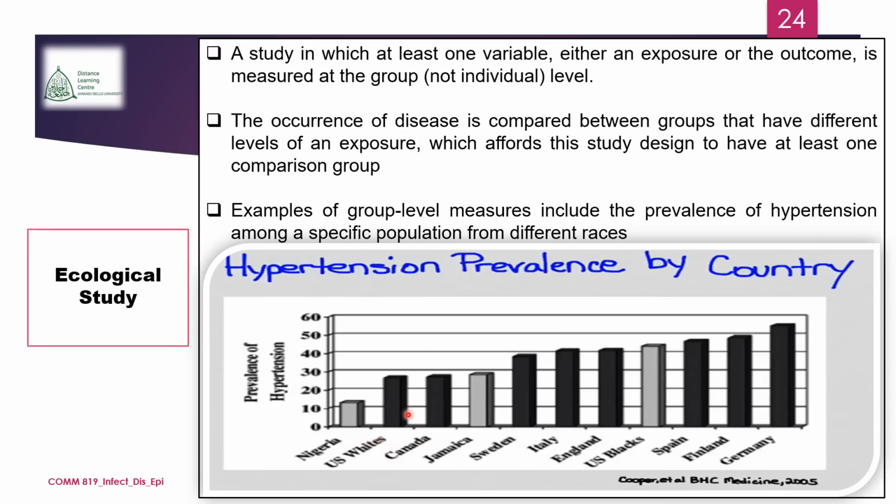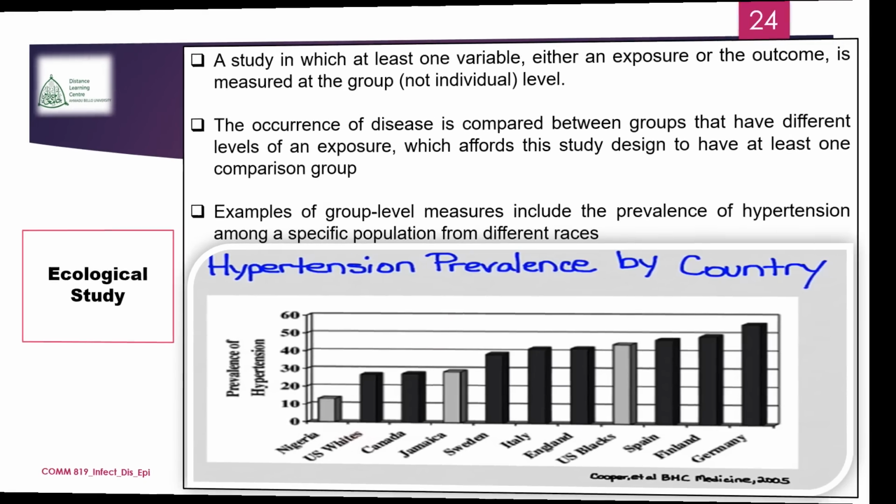Based on this, they rejected the hypothesis that genetics has to do with hypertension prevalence. So this is a kind of ecological study comparing different countries based on a certain risk factor. Here they use race. This is a typical example of ecological study.